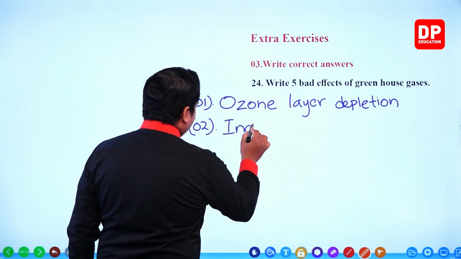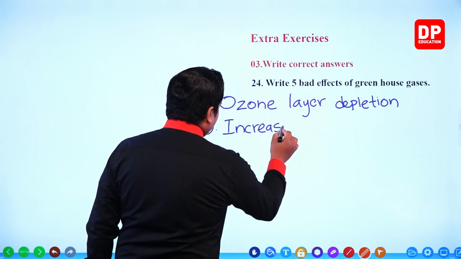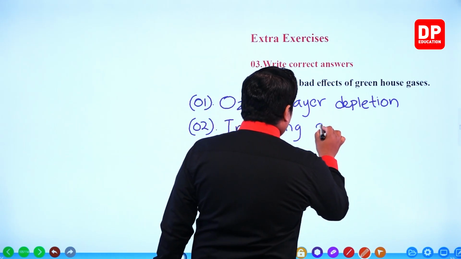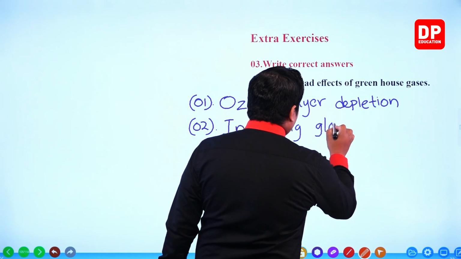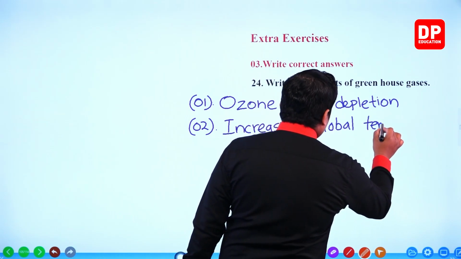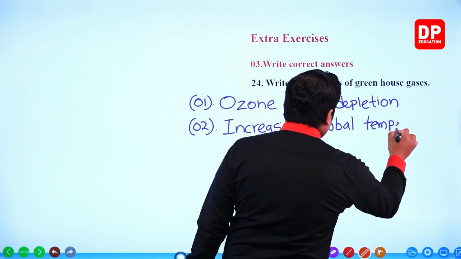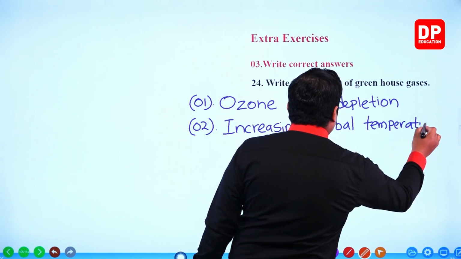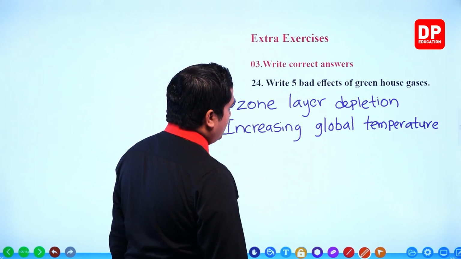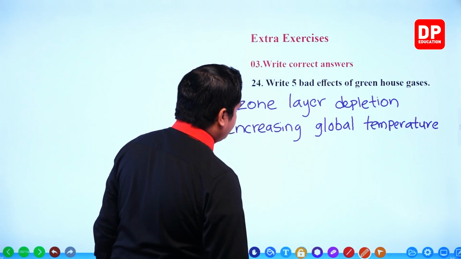Then number two, increase in global temperature. Right? Increasing global temperature.